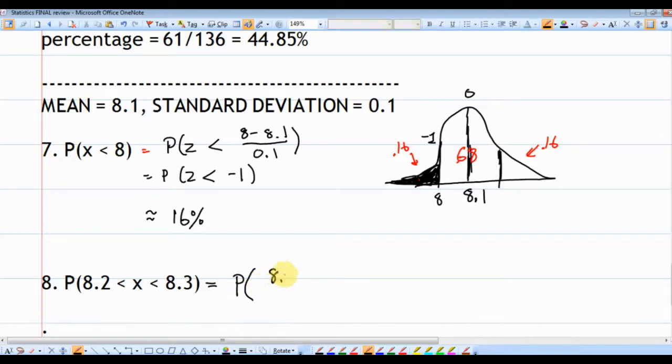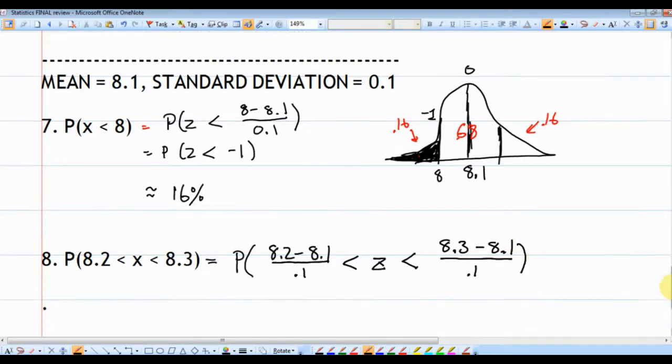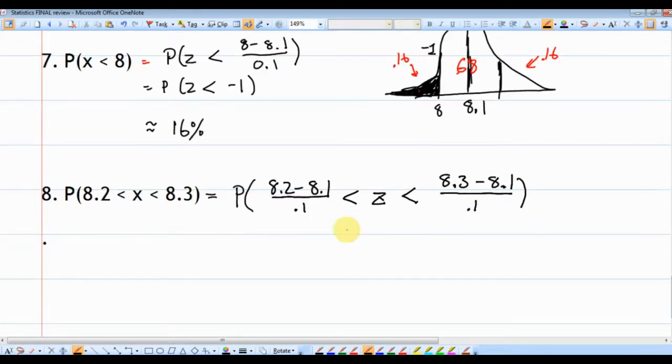We're going to have 8.2 minus 8.1 divided by 0.1 is less than z is less than 8.3 minus 8.1 over 0.1. And that, I think, is 1 and 2.